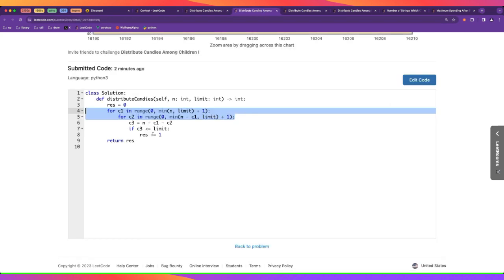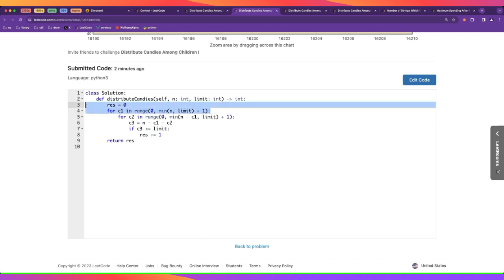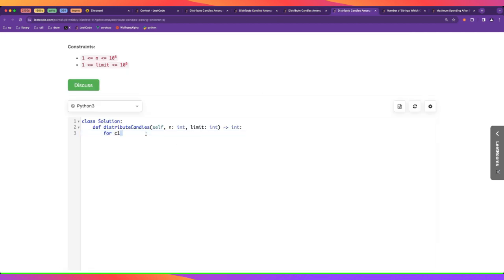Okay, so what I was saying is that we can do the same for the number of candies for the first child, but now we cannot do a loop, so we have to think of what are the valid ranges, possible values for C2.